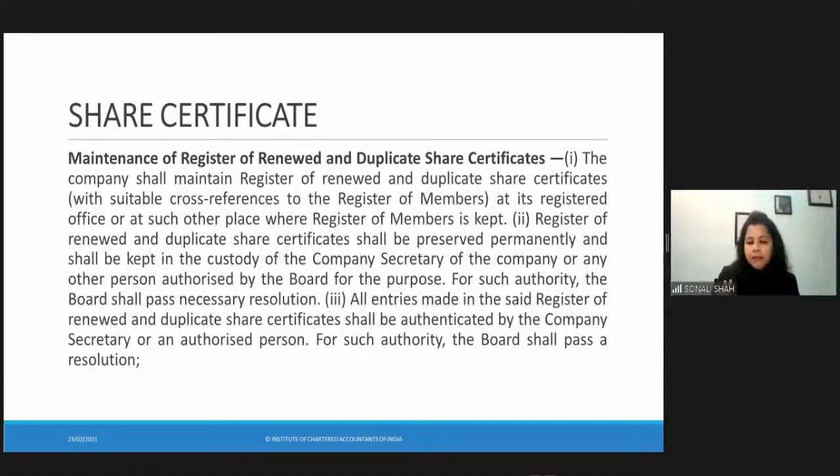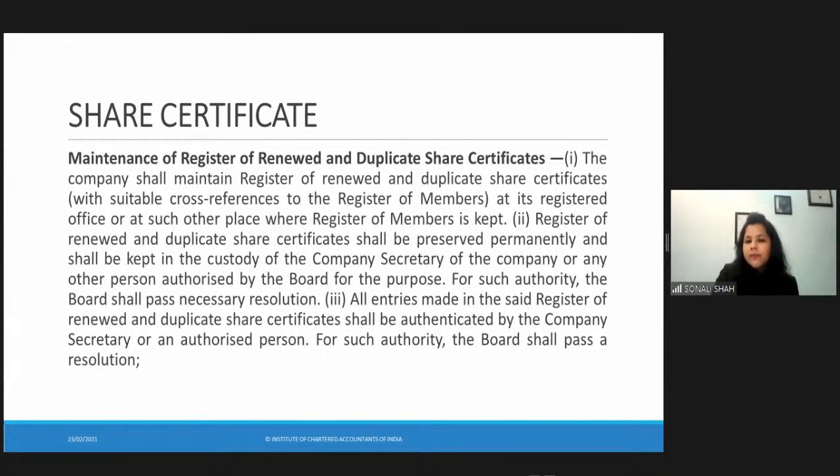I went to the company and said, see, I have lost my share certificate. Please issue me a duplicate share certificate. Okay. So the company will say, please give me the evidence that you have lost the share certificate. So I'll say, okay, this is the FIR of the loss of the share certificate. There is no way that the loss of a share certificate could be really investigated, correct? Or let's say my share certificate got damaged due to flood in my house or due to fire or some other reason.